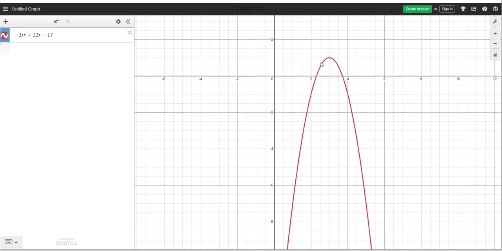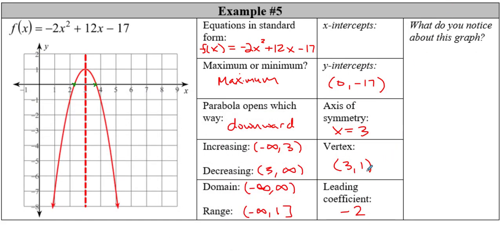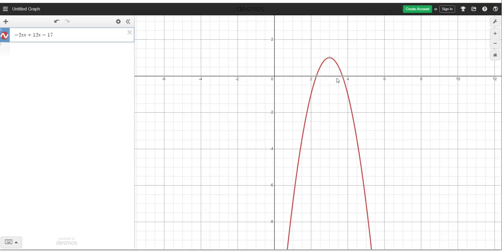The beauty of it is that when we click on it, you're going to see these 3 dots, and those are going to help indicate some of our values. So were we correct in our vertex? We said it was 3,1. We are correct in our vertex. Okay, so let's take a look at our x-intercepts. Remember, those are where we cross the graph.